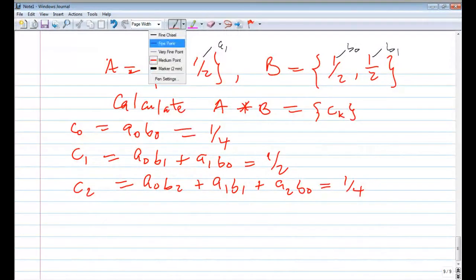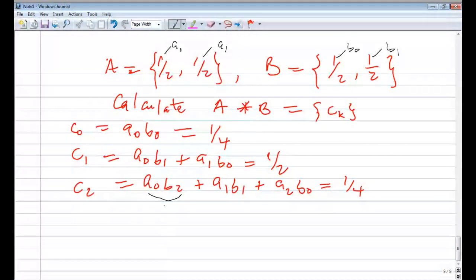Okay, let me explain. If we check this, you have got A0 there and B2. In those filters, there is no B2, so B2 is 0.